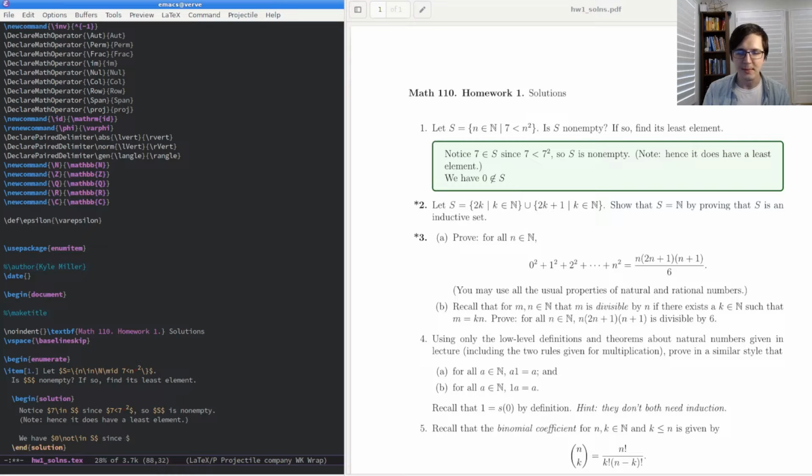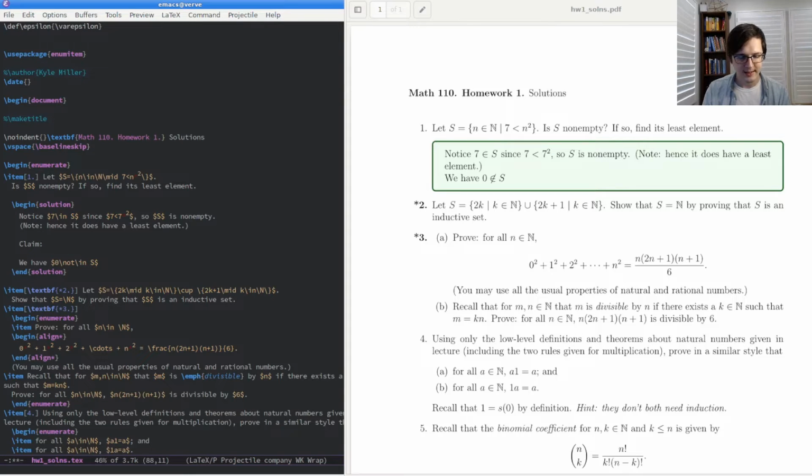I'm really not going to be very clever about this. Let's just go through. So 0 squared is 0, 1 squared is 1, 2 squared is 4, and 3 squared is 9. So our claim is that 3 in S is the least element.